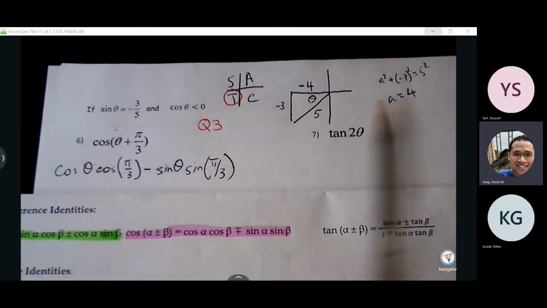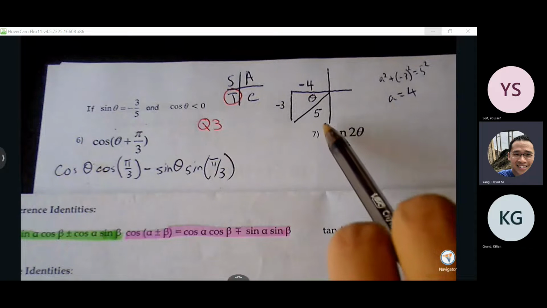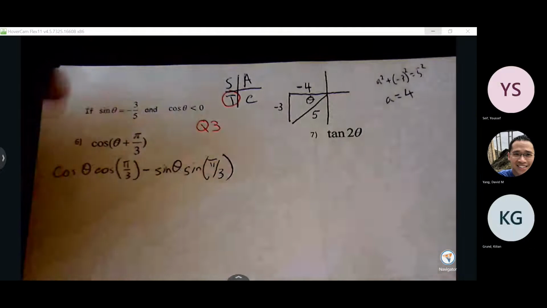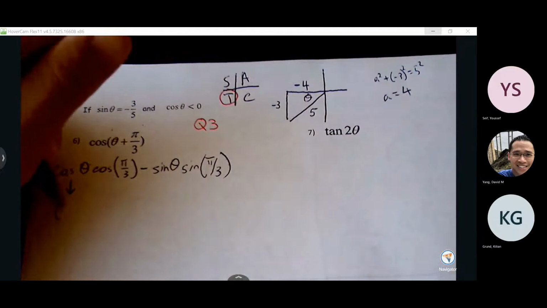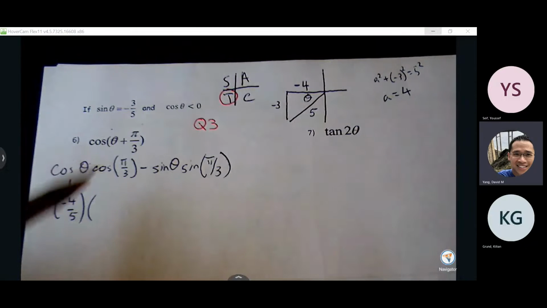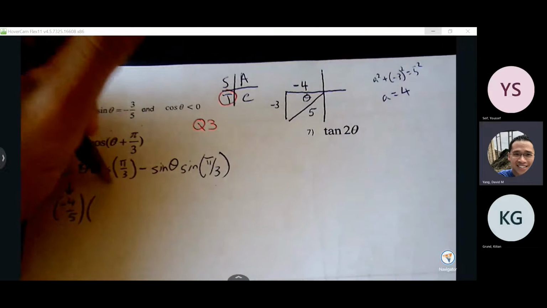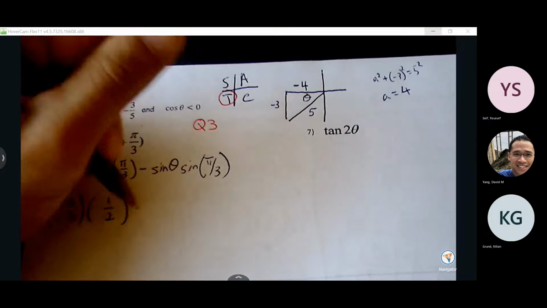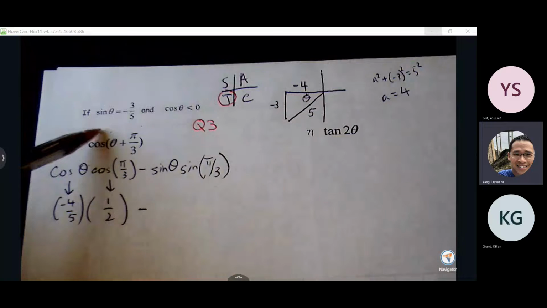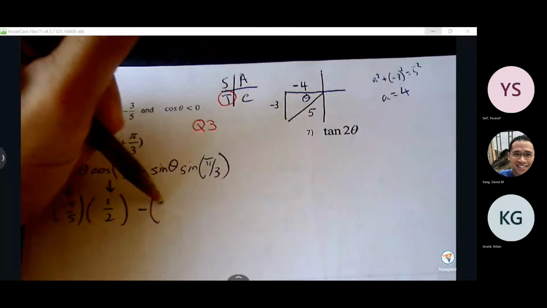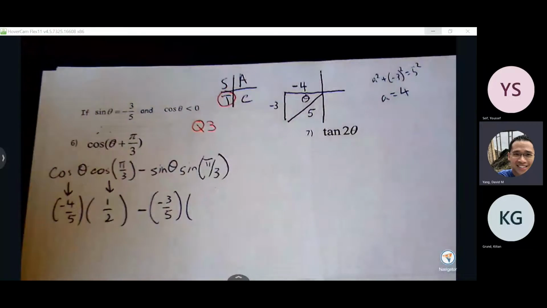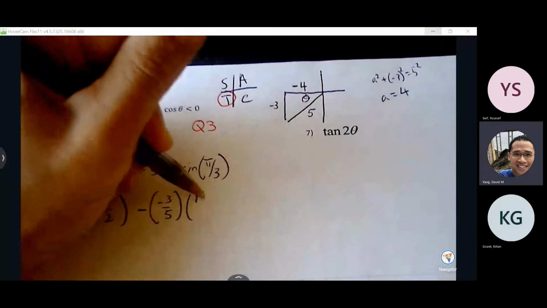All right, so cosine of theta, we can use the table here. Cosine of theta is -4/5. Cosine of pi over 3, that we can pull from the unit circle. That's just 1/2. Sine of theta, sine is given here, -3/5. Sine of pi over 3, we can pull this from our unit circle, √3/2.